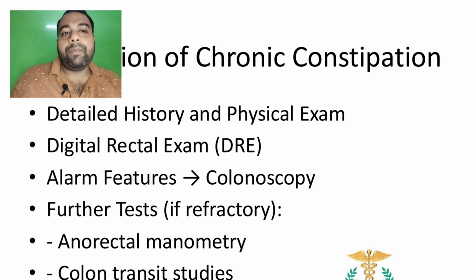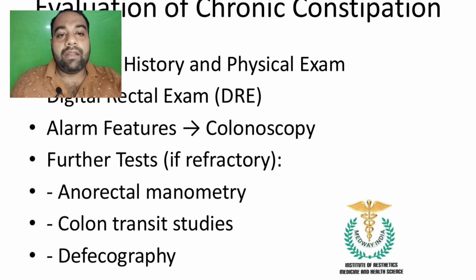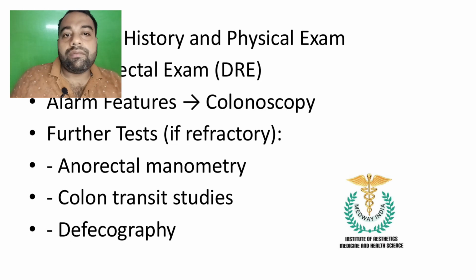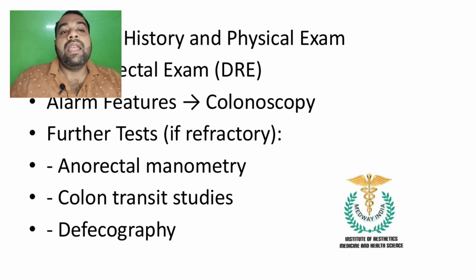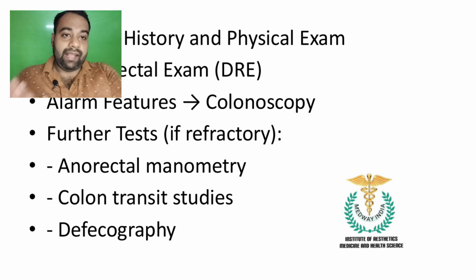Okay, so in case of any other alarming features, you must go with colonoscopy. Obviously there are a few clinical scenarios where you need to go for anorectal manometry or sometimes colonic transit studies. There may even be a need to go for defecography, especially in refractory cases.